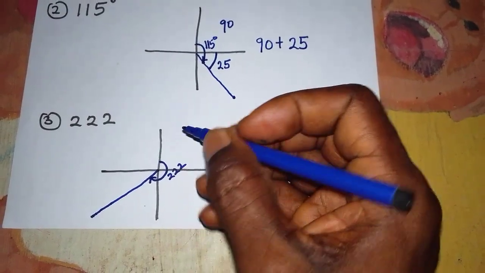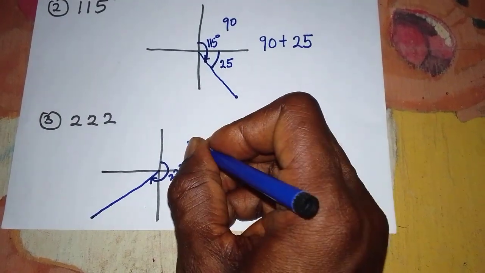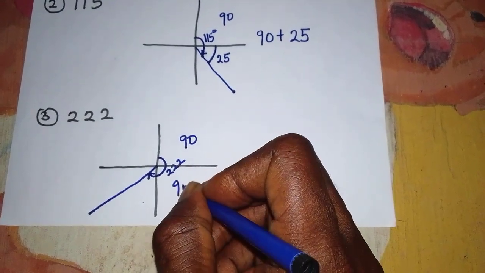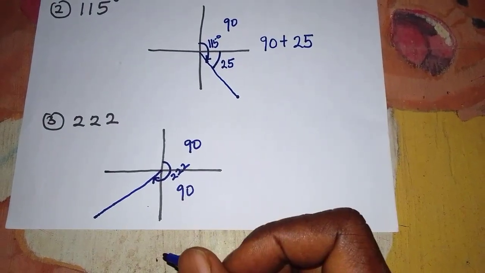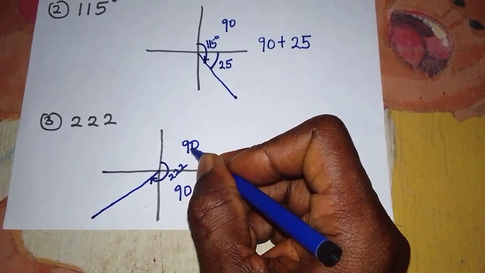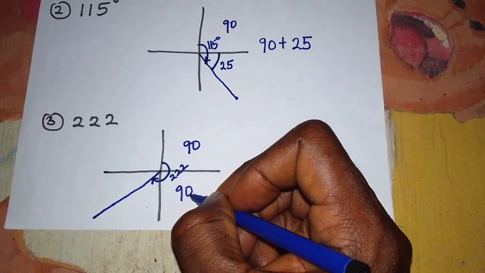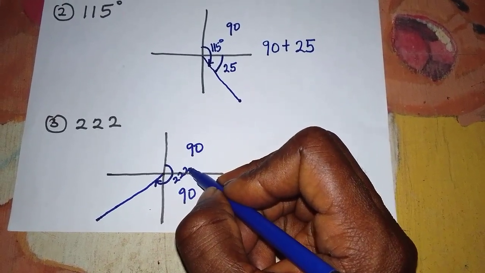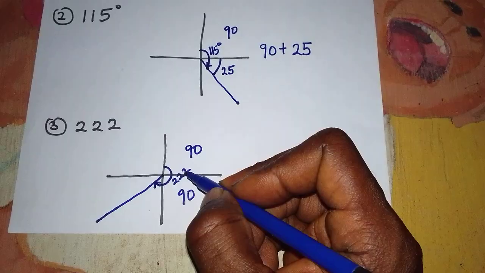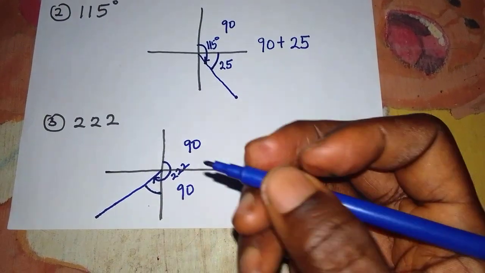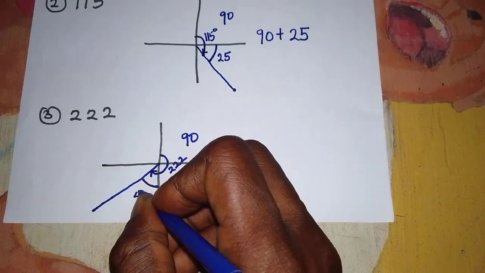When you break it down, this first one is what? 90. This second quadrant is 90, making 180. So 222 minus 90 plus 90, which is 180. So 222 minus 180 will give us 42. So that means the value for this remaining angle here is 42 degrees.